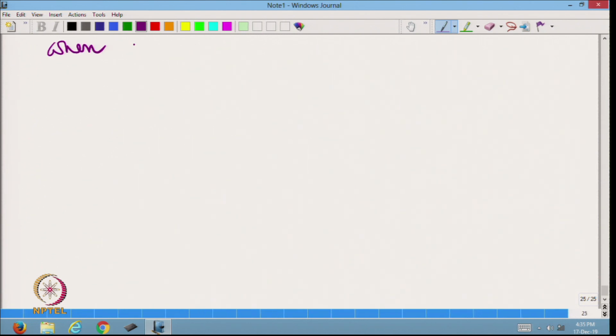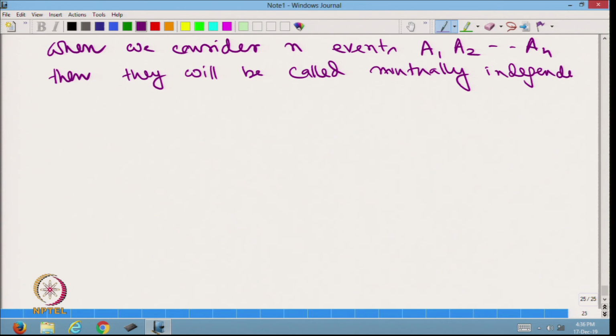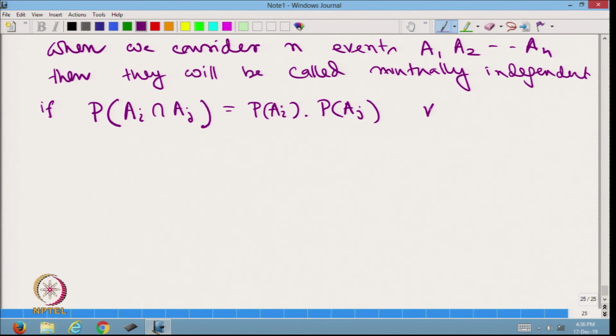When we consider n events A1, A2, up to An, they will be called mutually independent if probability of Ai intersection Aj is equal to probability of Ai into probability of Aj for all i, j belonging to 1 to n.